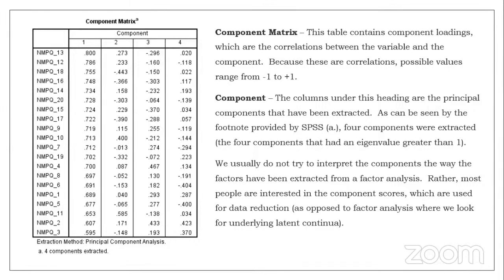Rather, here people are interested in component scores, which are used for data reduction. In factor analysis, we look for the underlying latent structure that exists. On the other hand, in principal component analysis, we look for data reduction. So it's a different way of interpretation that we follow.